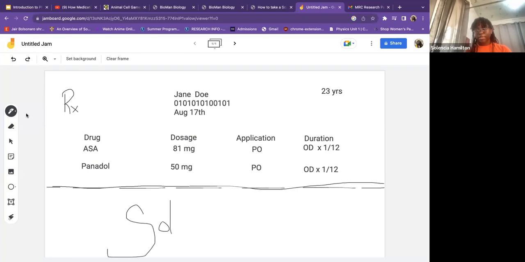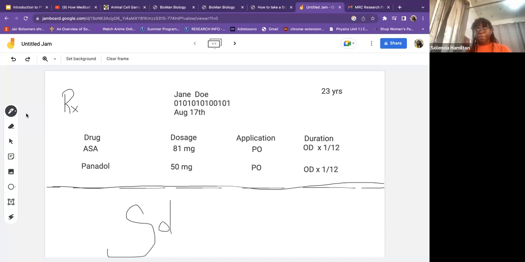I'll write that if you guys don't know it. 100 milligrams that she's supposed to take 3 times a day for 3 months. So the first drug that you prescribe: iron sulfate, 100 milligrams, 3 times a day for 3 months.